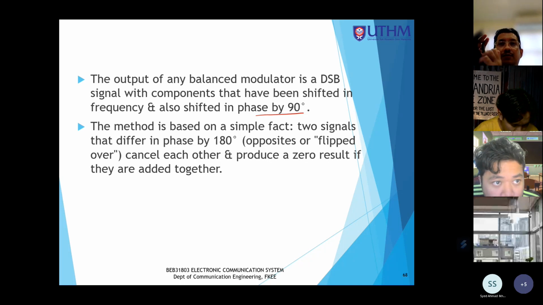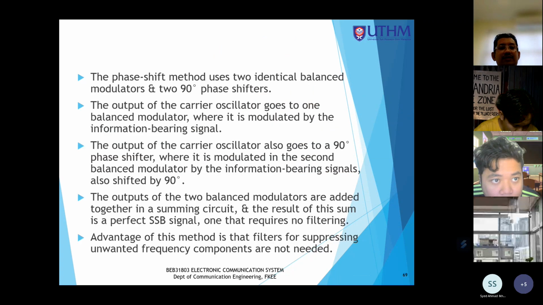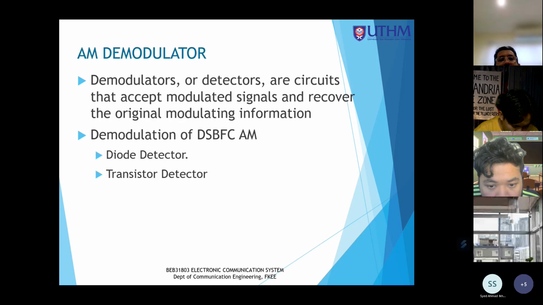Bila ada 180 degree phase shift dan juga cancellation of signals, tadi yang kita tambah tu sebenarnya adalah 180 degree phase shift. So dia akan cancel out. Ini ada penerangannya, you boleh baca sendiri. Dan kita seterusnya kepada topik seterusnya, iaitu demodulator.